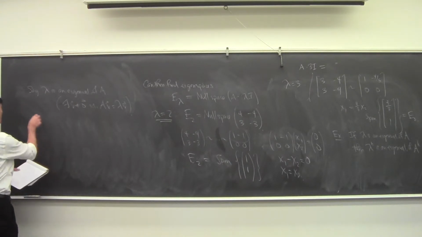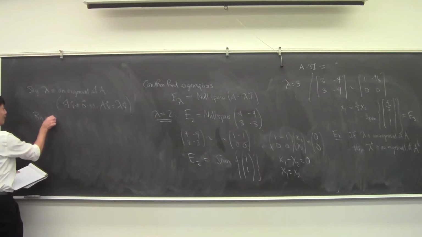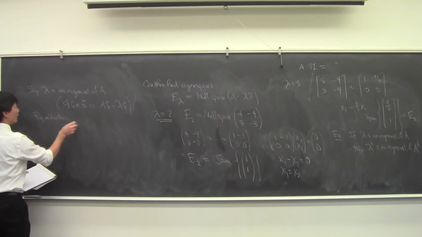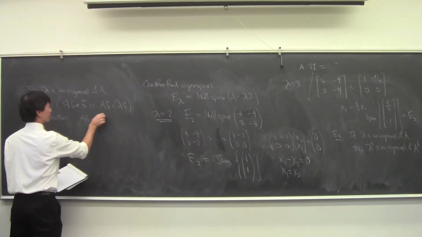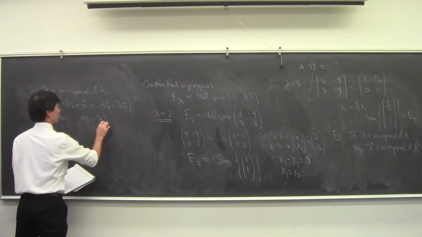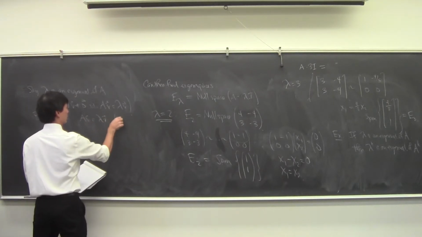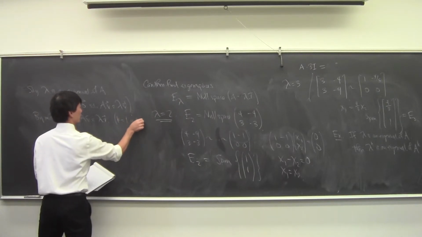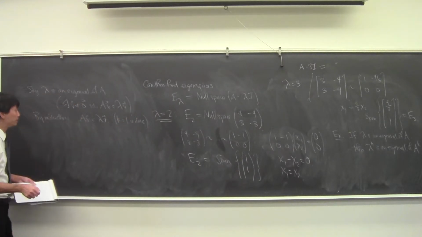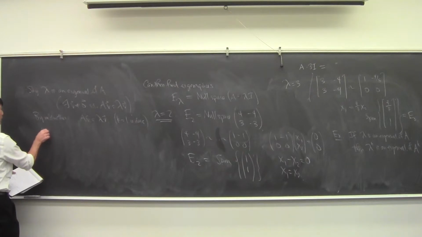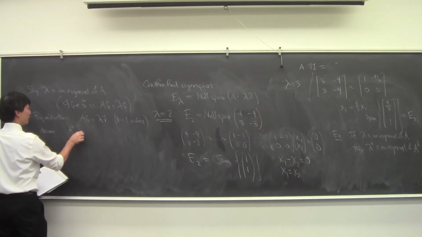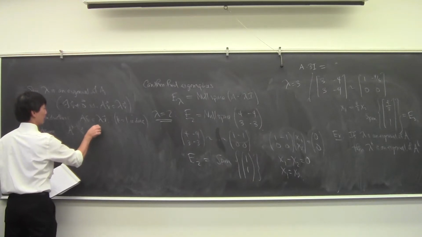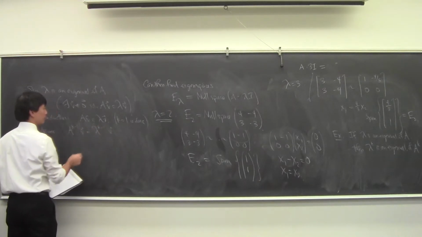So yes, you can. By induction, you say, well, look, I already know that Av equals lambda v. So case k equals 1 is done. So assume that A to the k minus 1 v equals lambda to the k minus 1 v.